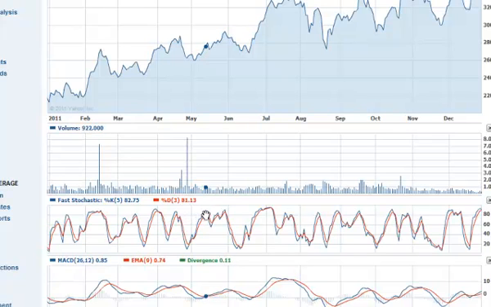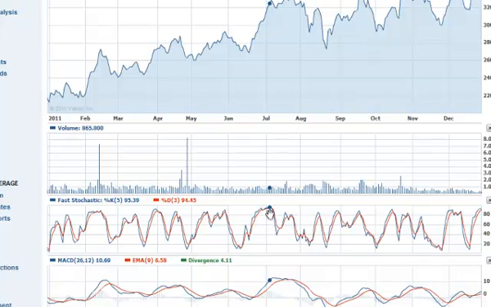But when the blue line crosses, that indicates that there's an uptrend, and when it's above the red line, then that means that it's reached a peak and is coming back down again.